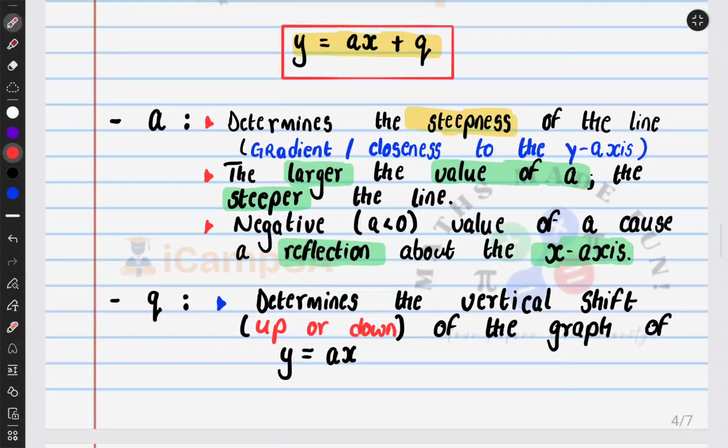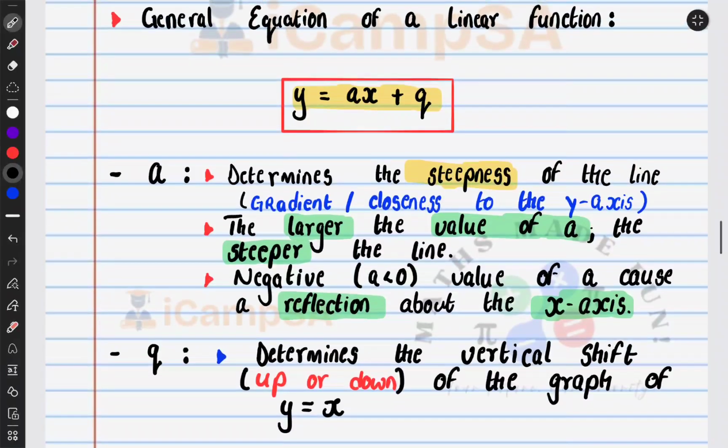It determines the vertical shift of the graph of, let's say, y is equal to x, the mother graph. Let's keep it simple. Vertical means it can shift up or down. That is what q does.